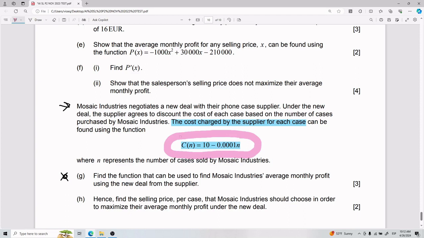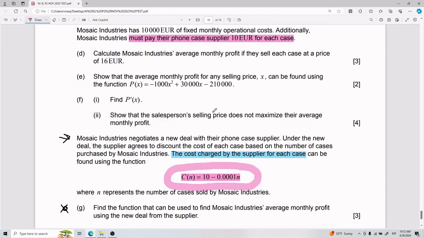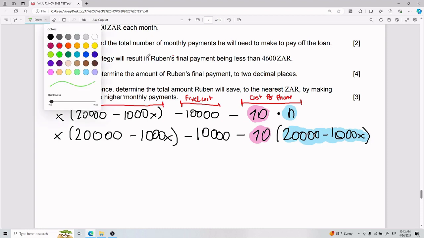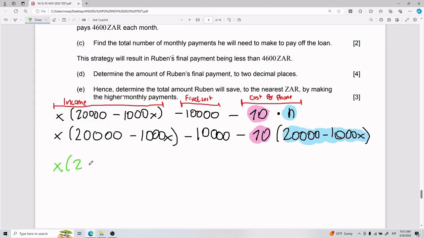Okay, so this thing that I put in a circle in pink is your 10. So this used to be 10, right? And now technically your equation is going to end up as x times 20,000 minus 1,000x. So your income is still the same.